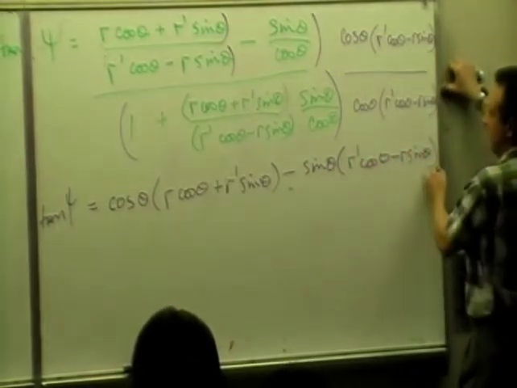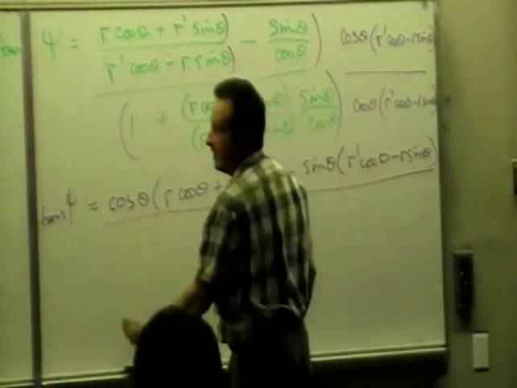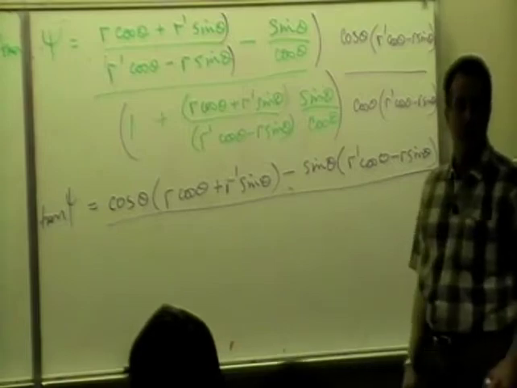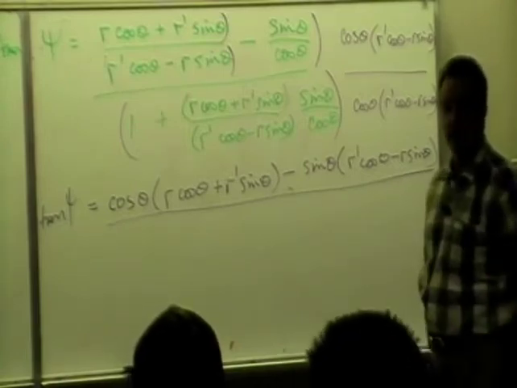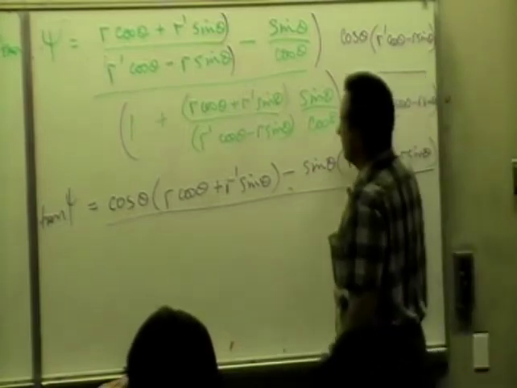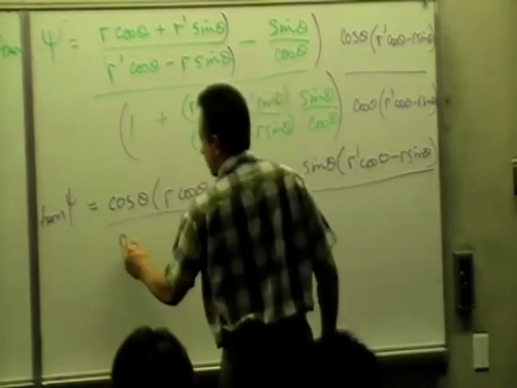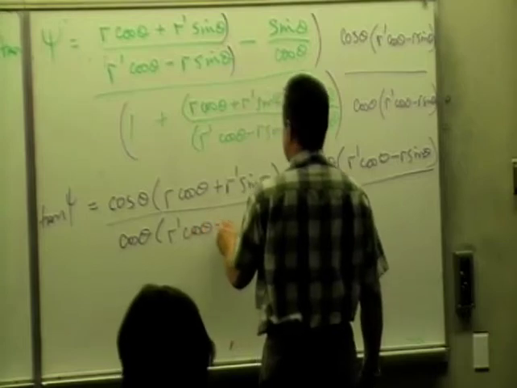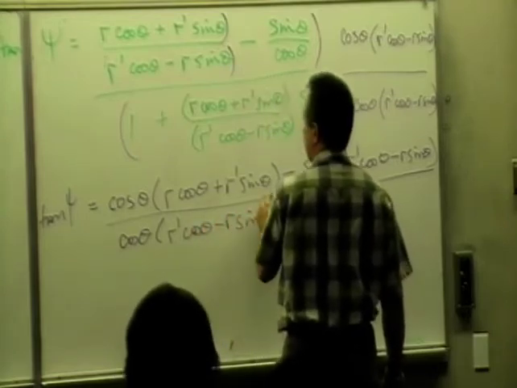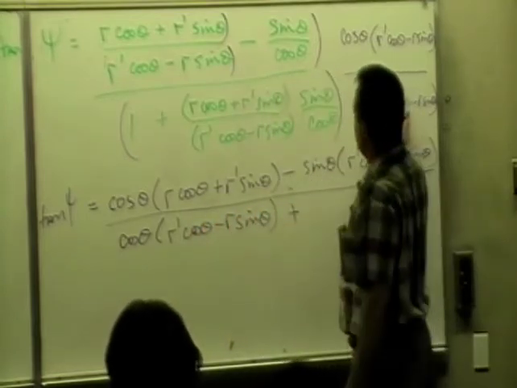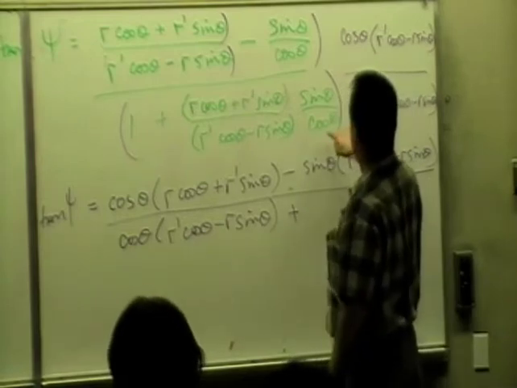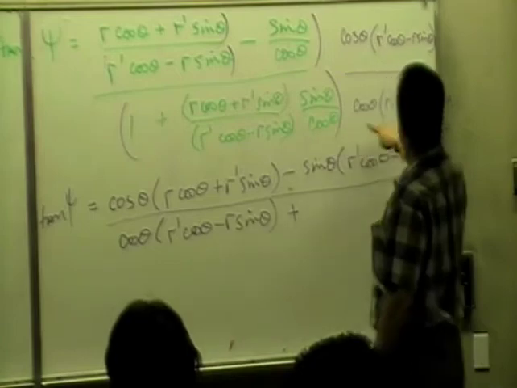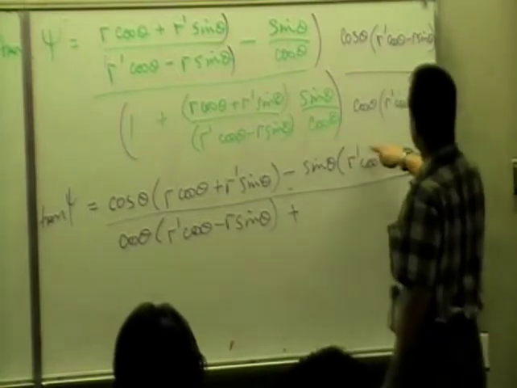Now, obviously, you don't have to go through this nonsense every time you want to do this. Hopefully, this will reduce to something simpler than what we had before when we took the two slopes and multiplied them together to get -1. This times 1 gives me the cosine of theta times r prime cosine theta minus r sine theta, plus this times this quantity.